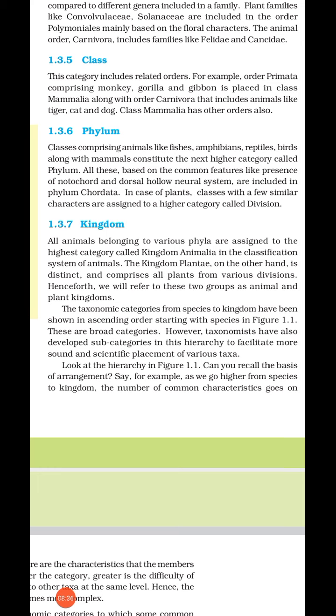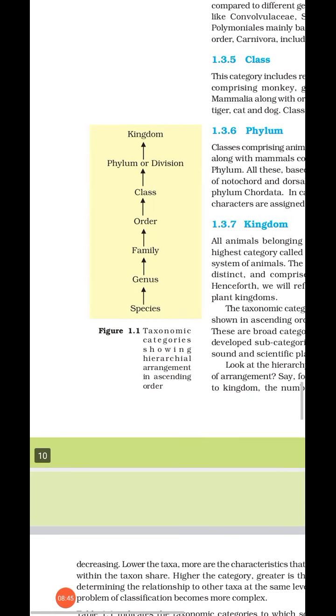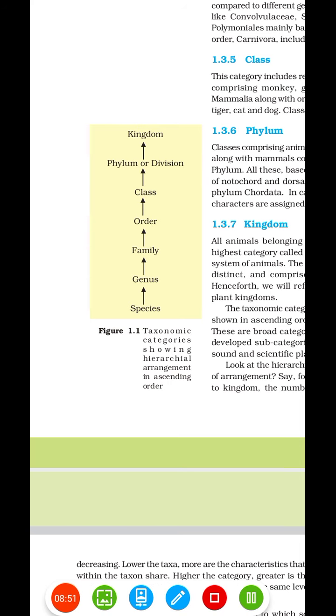So as you go from the taxonomic categories, that is from species to kingdom, you can see that this is the hierarchy of classification. Taxonomic categories show a hierarchical arrangement.